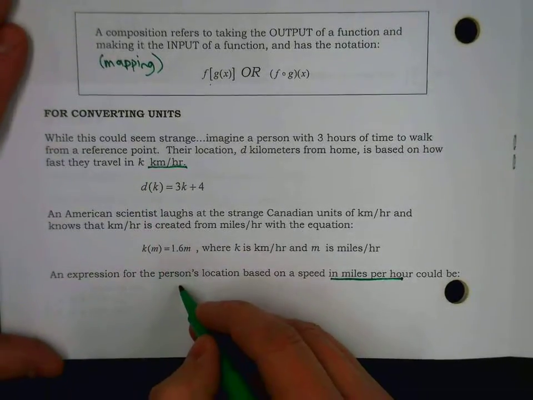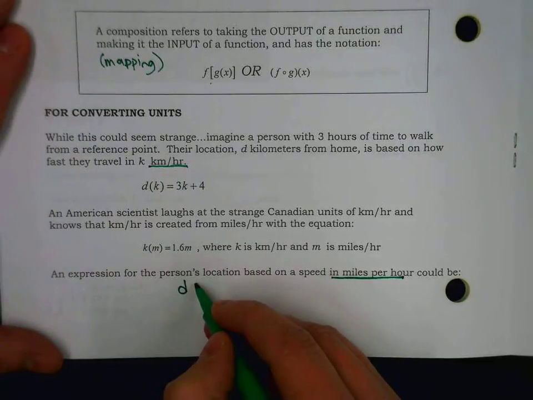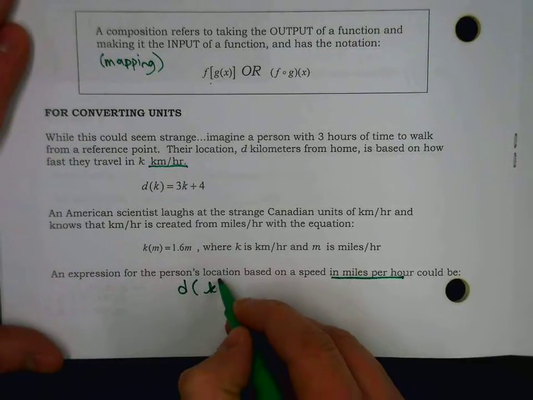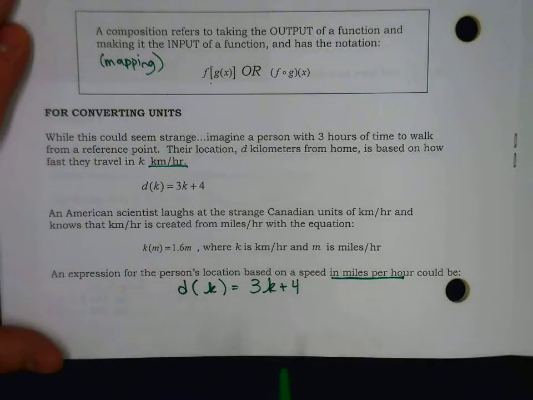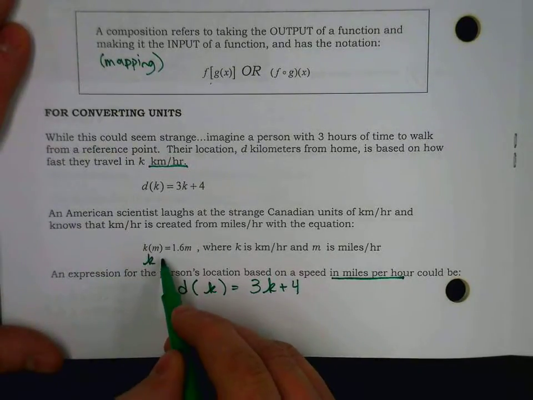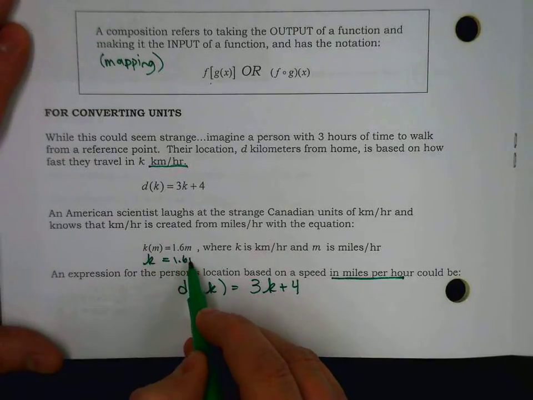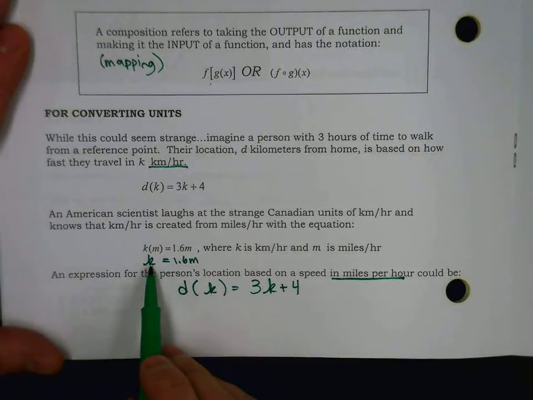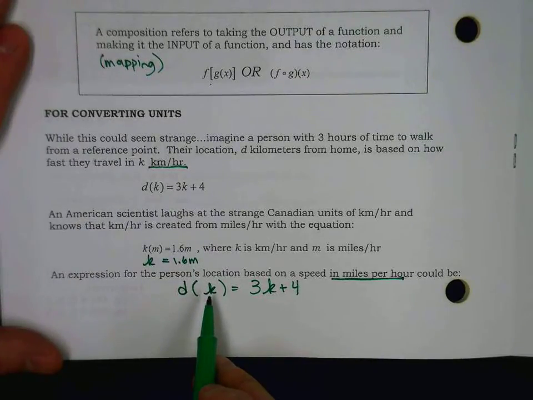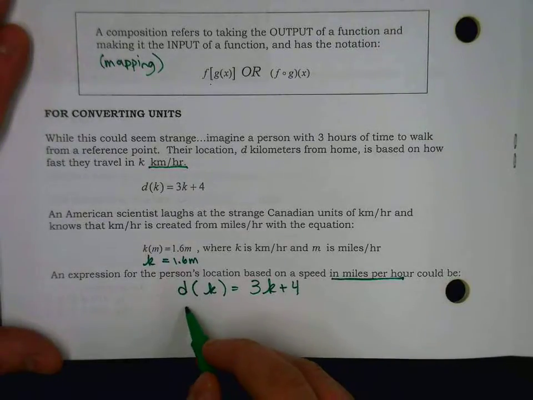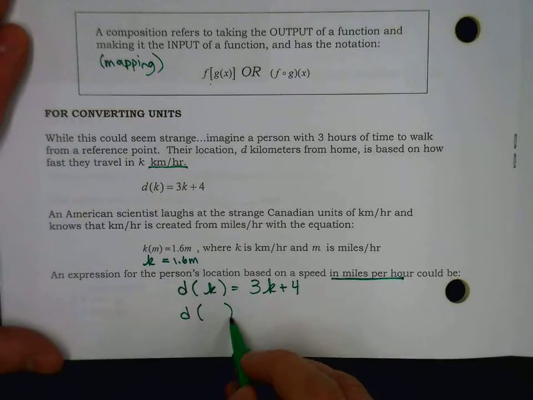Now I'm going to take the person's distance based on their speed in kilometers per hour, and when I see k is equal to 1.6m, I can replace that k into this k because they both represent kilometers per hour. So I'm going to swap out that k with the function 1.6m.